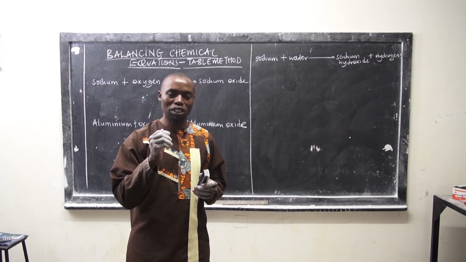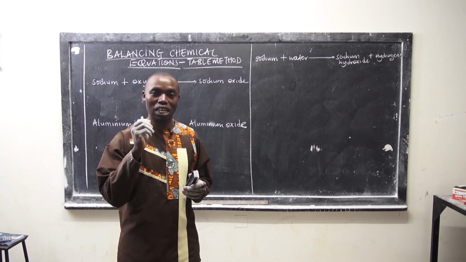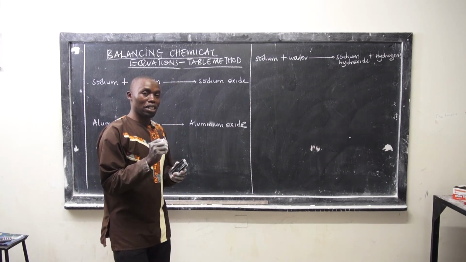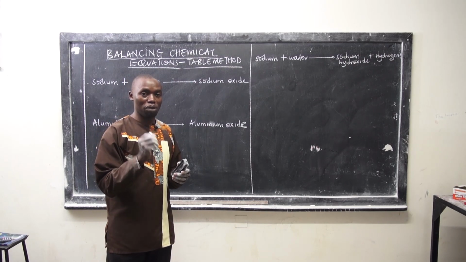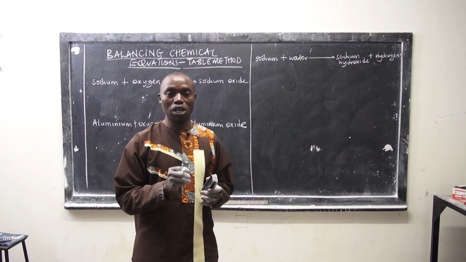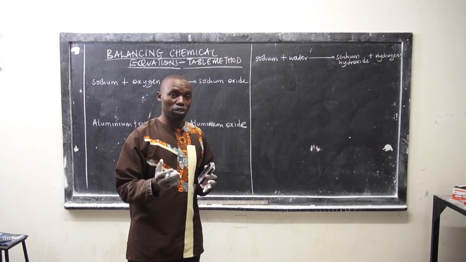Remember, I've already posted a video on how to balance chemical equations using the algebra method or ABCD method. I told you that there are a number of methods used to balance chemical equations. Number one, the traditional method for simple equations.